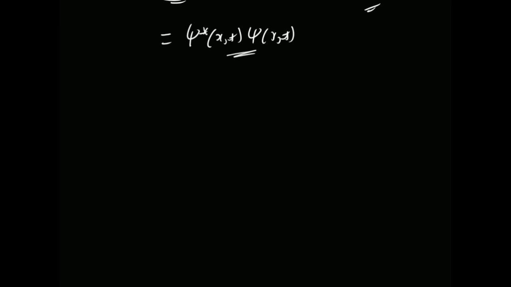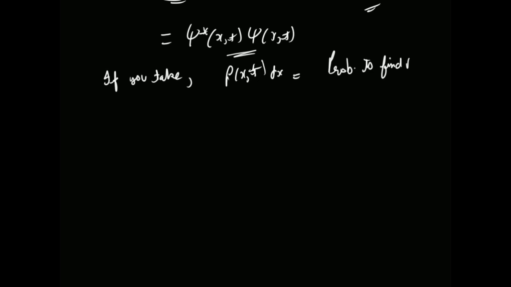So if you take P(x,t), the probability density, that is the probability of the particle per unit length, as we are discussing only one dimension, and multiply it by dx, the unit of length, this gives us the probability to find the particle in the interval x to x plus dx.